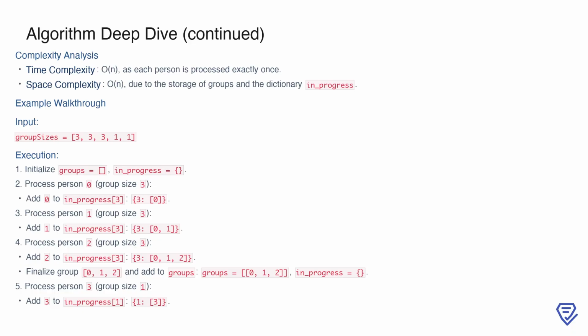When person 2 is added, the group reaches size 3, so we finalize it by appending [0, 1, 2] to groups and clearing in_progress. This process continues for the remaining individuals, creating groups [3] and [4] for the other two people, resulting in the final output [[0, 1, 2], [3], [4]].